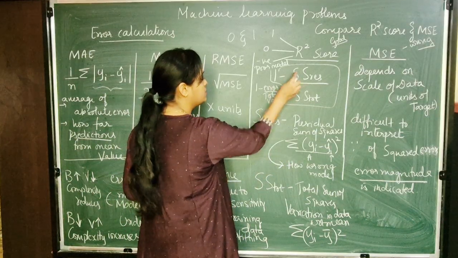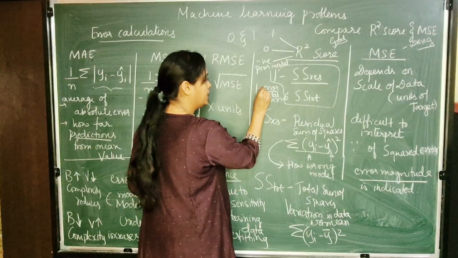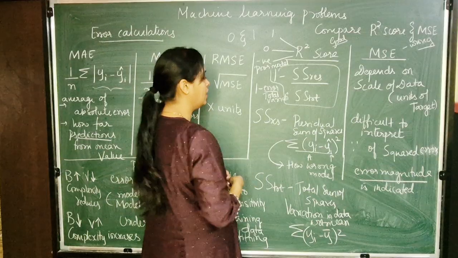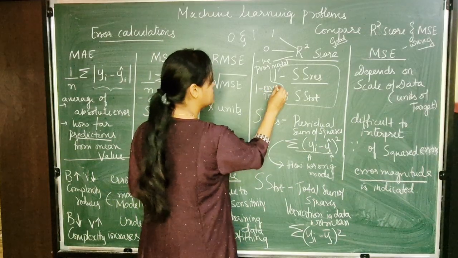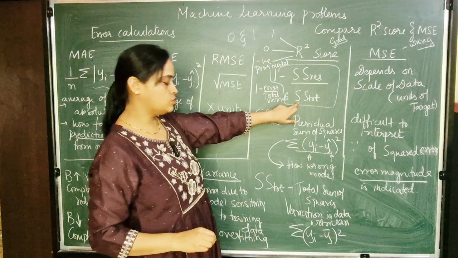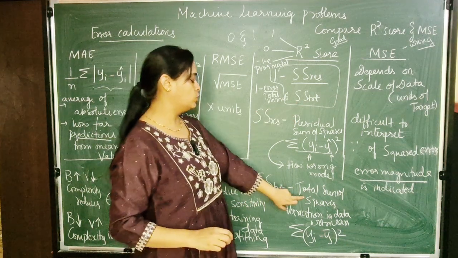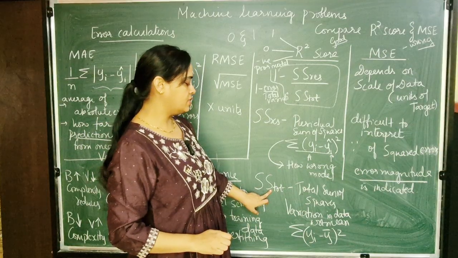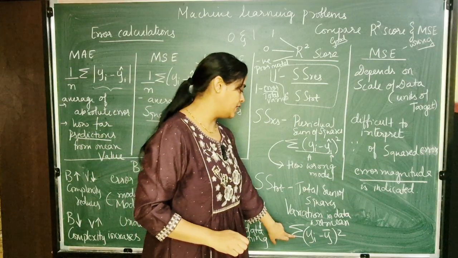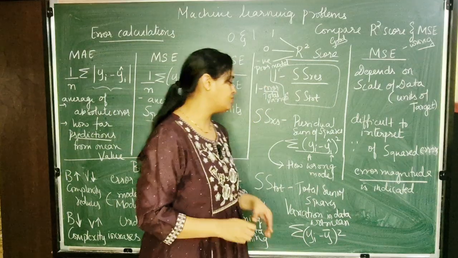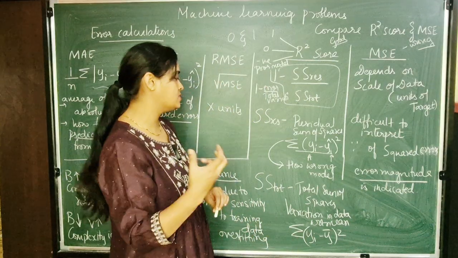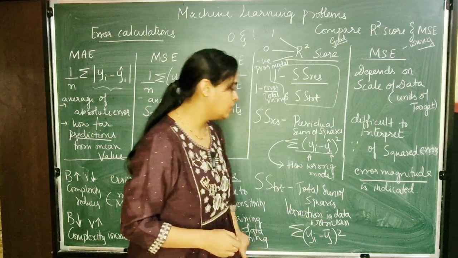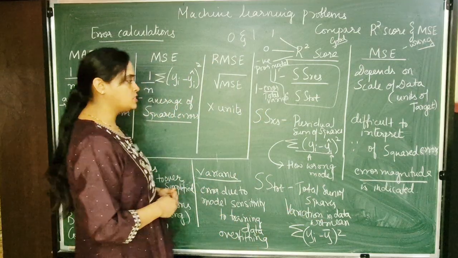So can I represent this as 1 minus error, where the residual sum of squares is indicating the error. So I have written it as error. What is this SS total? SS total is nothing but total sum of squares. If you can see, we are just finding the total sum of squares, where this indicates variation in data with respect to mean.